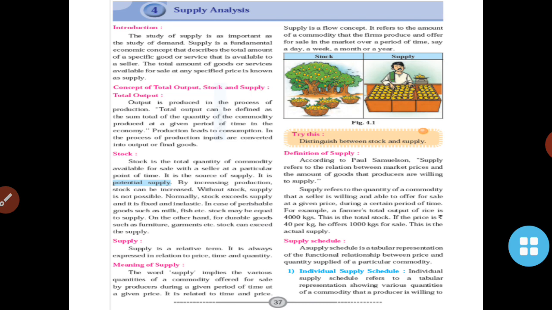For example, a farmer's total output of rice is 4000 kgs. This is the total stock.